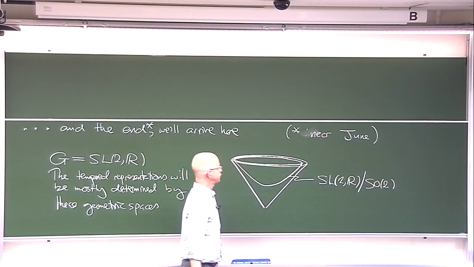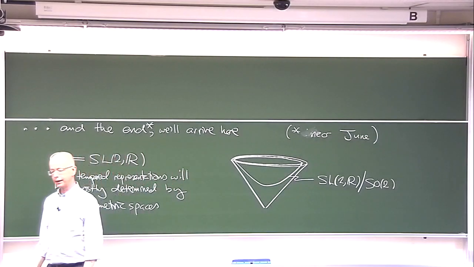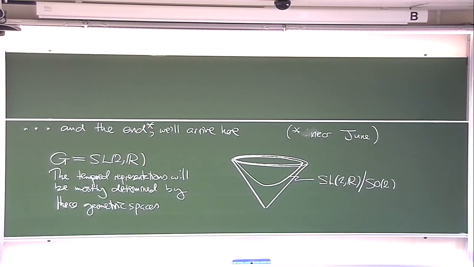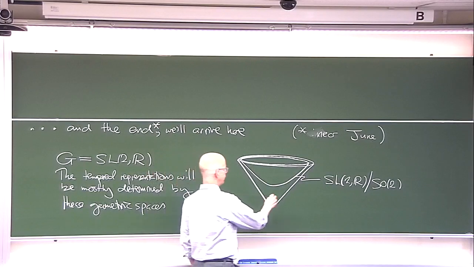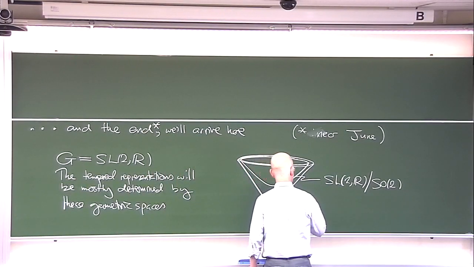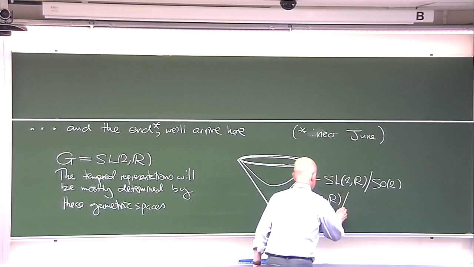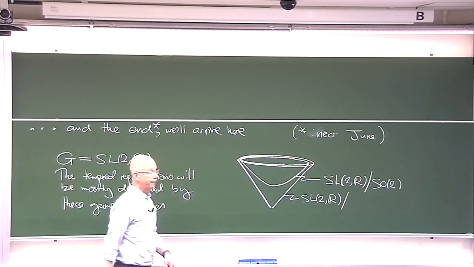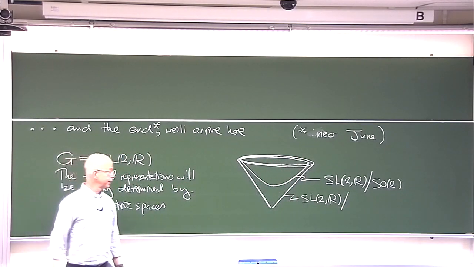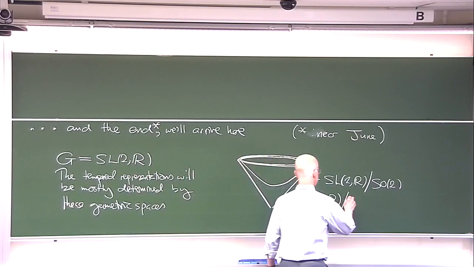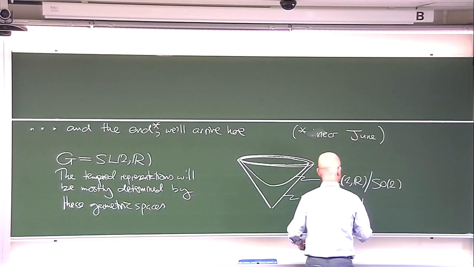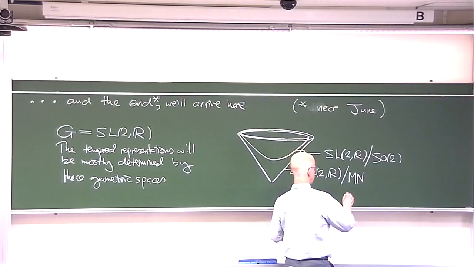It's a picture of SL2R divided by SO2. And what I've drawn here is a picture of SL2R divided by some other subgroup, and I'll call it MN. I'll tell you what it is.